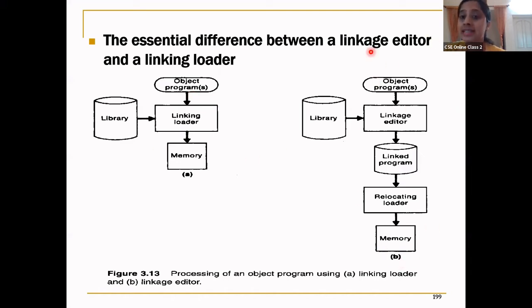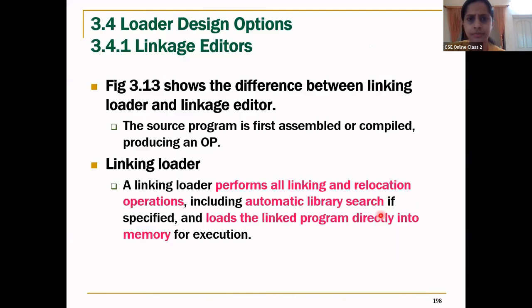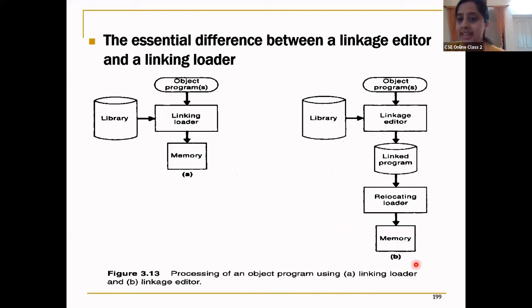But what is this linkage editor? What will this linkage editor do? This is a different kind of loader design. What kind of design do we have in this loader? We have an object program, which obviously is converted by the assembler. And then we have a linkage editor, which links.